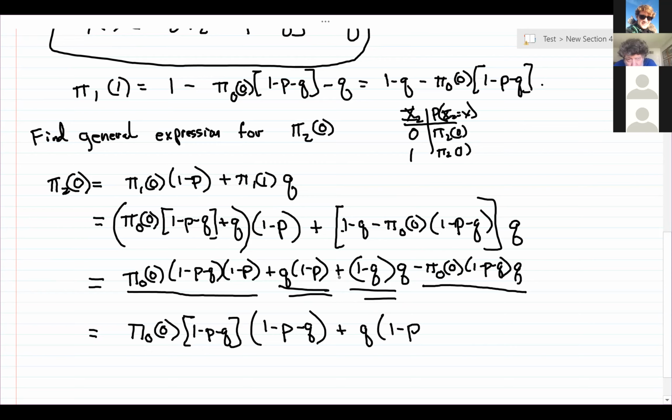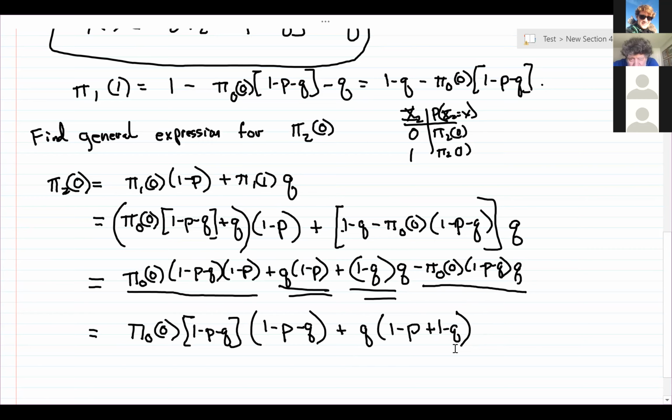Factor out the q. 1 minus p is left here, and then what? 1 minus q is left in the other one. I guess I don't need this other parentheses, sorry. I'm factoring out the q, which is common, and that leaves me 1 minus p, which is fine, and another 1 minus q, which is fine.